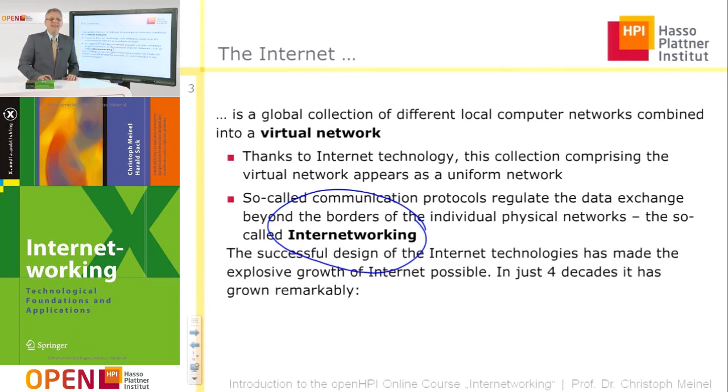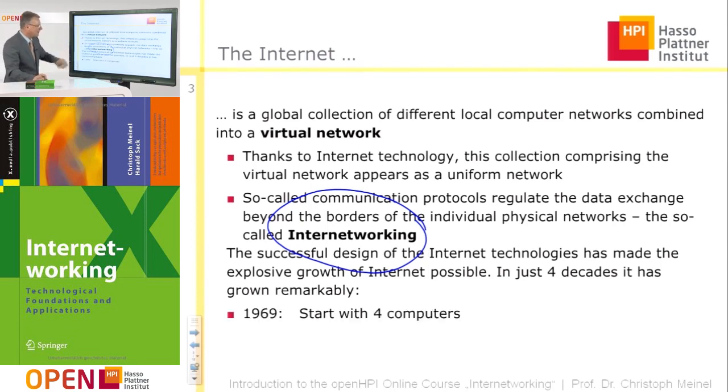It was a very successful design of the internet technology that has made the internet grow so explosively over the last 40 years. In that time, the hardware was changing, bandwidth was changing, new technologies came, and the internet is working like on the first day, so it was possible to adapt to all this development.